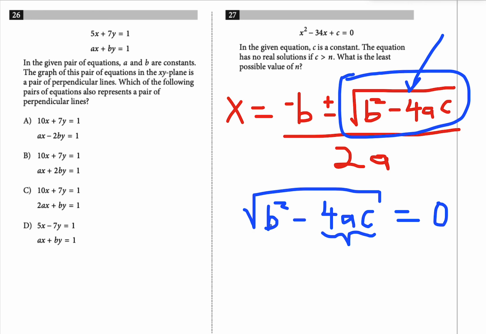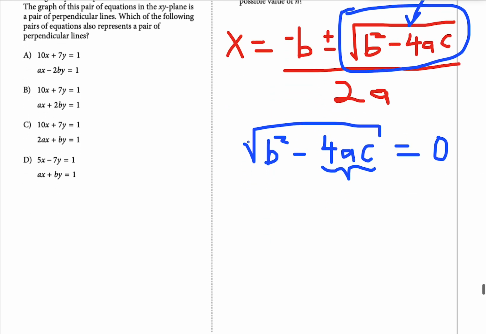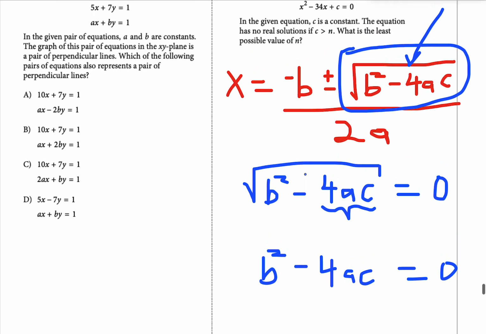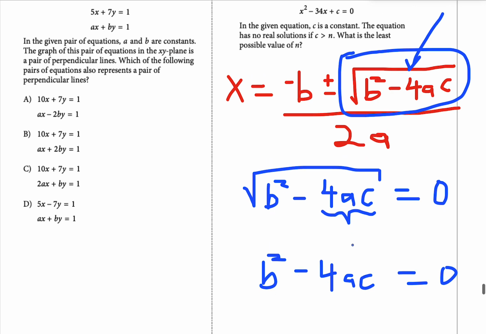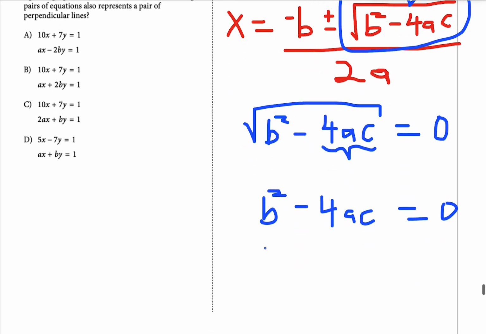We can get rid of the square root, because if we square both sides, 0 squared is still 0, and we have b squared minus 4ac is equal to 0. We already know what a and b are: a is going to be 1, and b is going to be 34. So we can plug those in and begin solving.